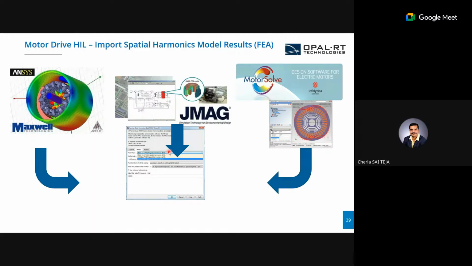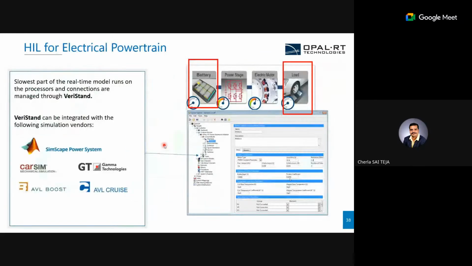The solver will make sure it runs your motor with those dynamics. Along with this motor data, if one wants to bring in the dynamics of an electric vehicle as well, there is software like Gamma Technologies, CarSim or AVL which will help you include the vehicle dynamics. You can directly add that data into your project and start working with it.